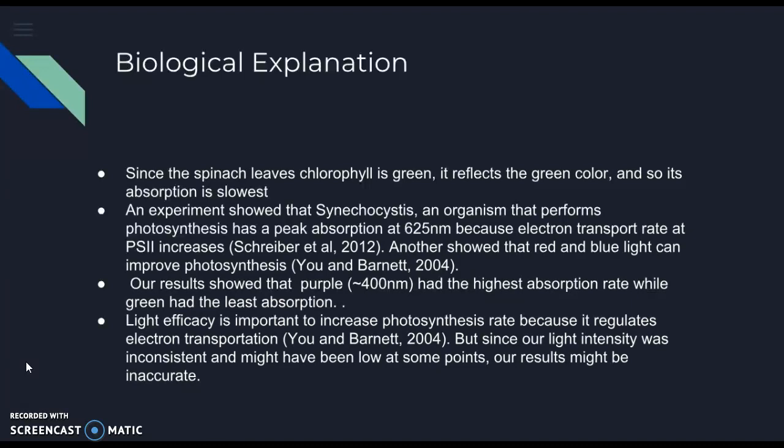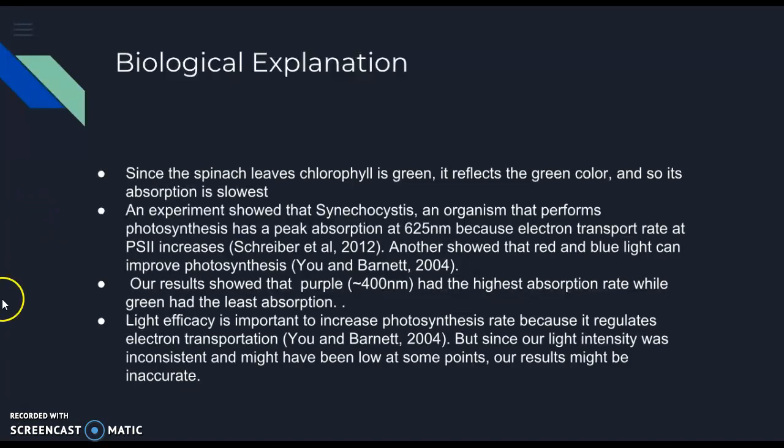A second study showed that red and blue lights can improve photosynthesis. And our results do show that purple, which is associated with the blue light, had the highest absorption rate, while green had the least absorption. However, we did not see that in the red.